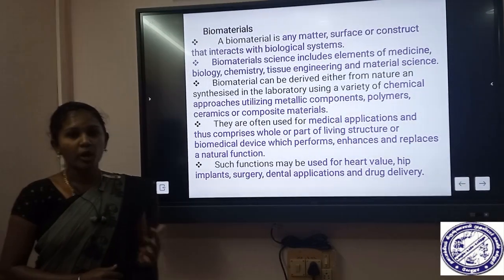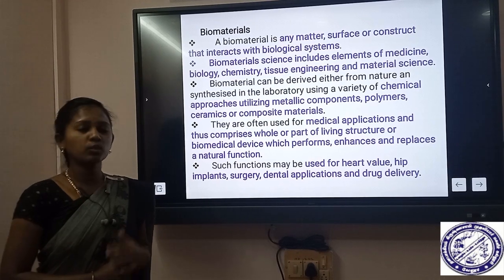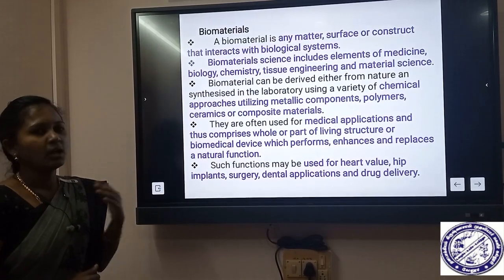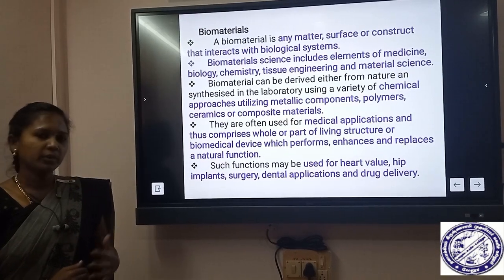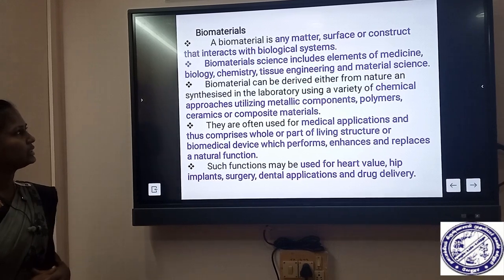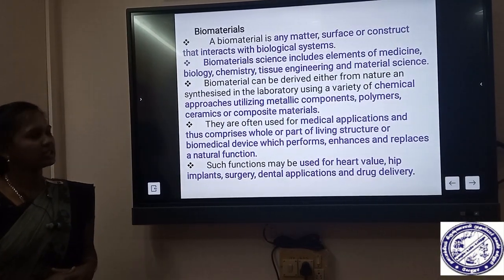The next topic is biomaterials. Next we will discuss what is meant by biomaterials, what the properties of biomaterials are, and what their applications are, mainly the medicinal applications. First, a biomaterial is any matter, surface or construct that interacts with a biological system.